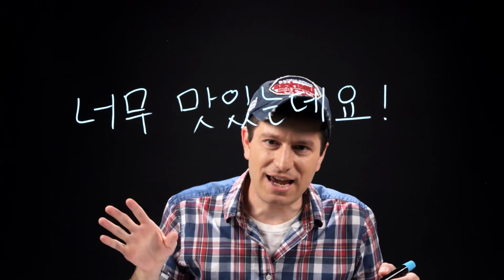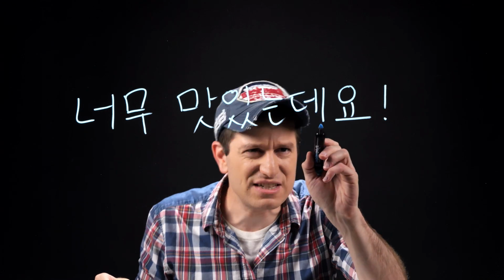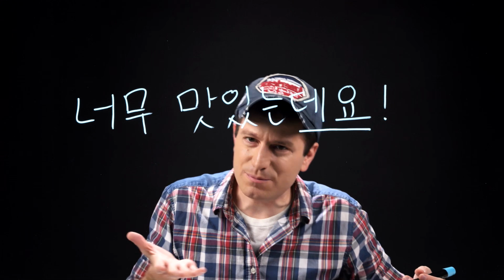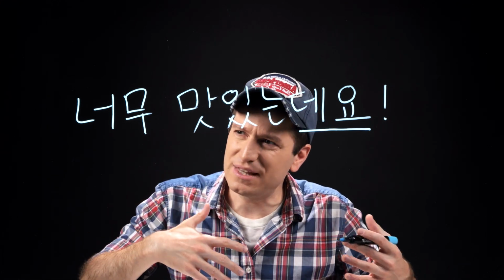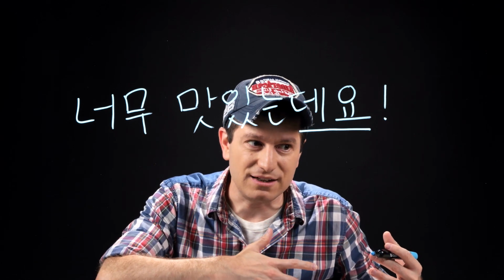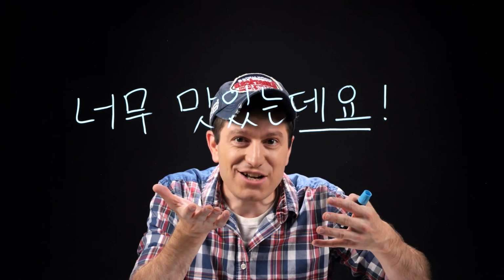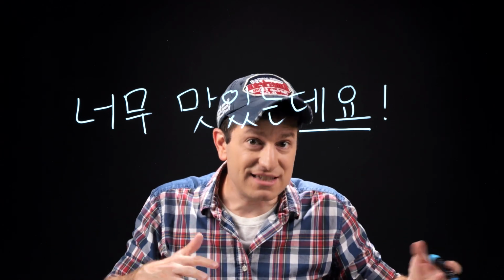Now you're not just saying 너무 맛있어요. It's so good, but you're adding emphasis by putting 대요 at the end. It's kind of like still you're holding up your palm like, hey, this is so good. You're telling them that you're going to explain something like, here, look at what I'm saying, and getting more attention toward what it is that you're saying. So by that, you're adding emphasis to the sentence.